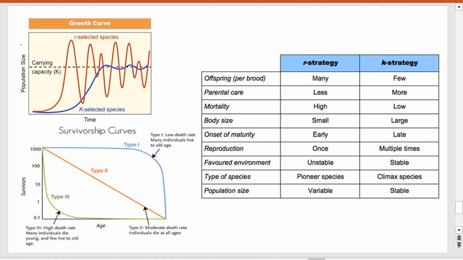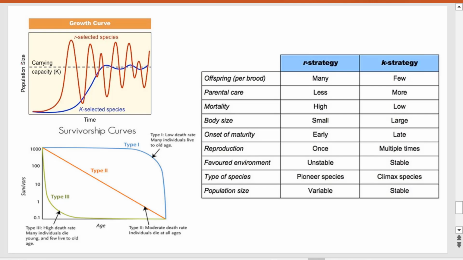So the population size of the K strategist species always remains kind of stable. But the R strategist species do not have a stable population.